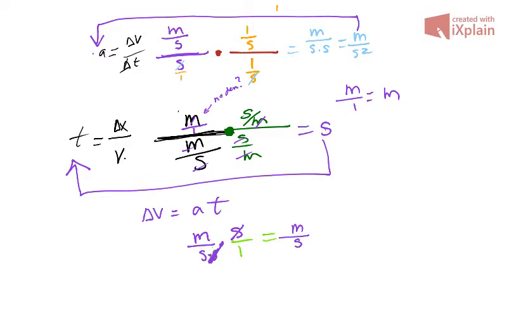Okay, so now I'm going to want you to try. So clear that, and number 1. I want you to try meters divided by meters per second. And this would be delta x over v equals t.